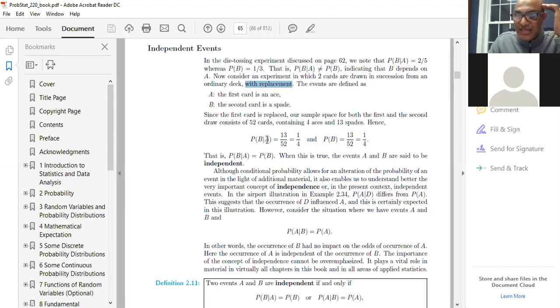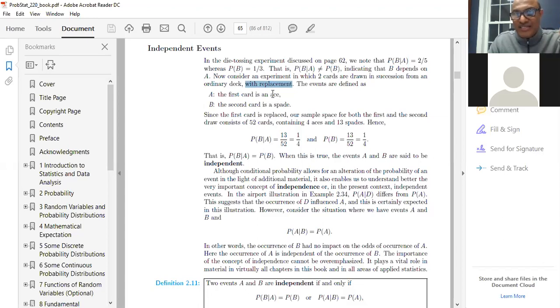Probability of B given A, that is nothing but, by definition 2.10, B intersection A divided by probability of A. What is probability of B intersection A? First card is an ace, second card is a spade. Ace and spade.